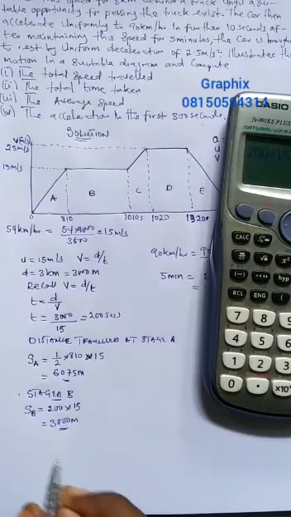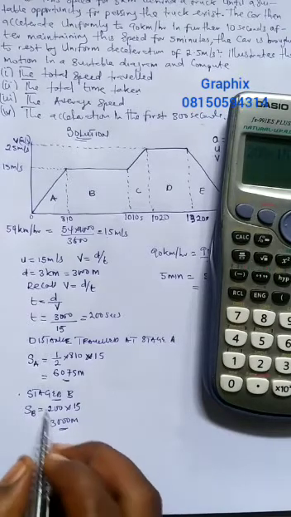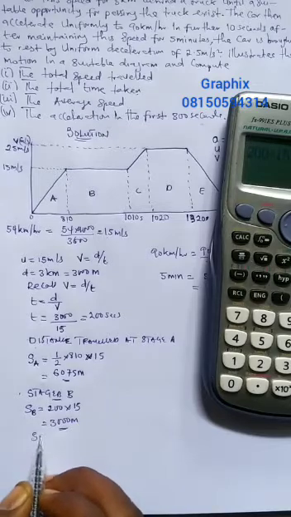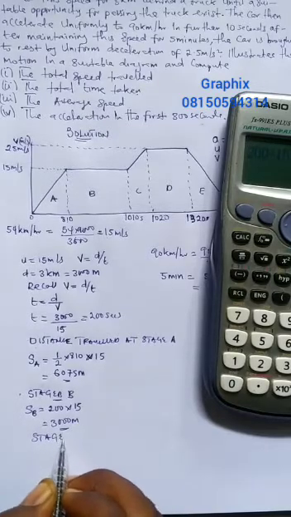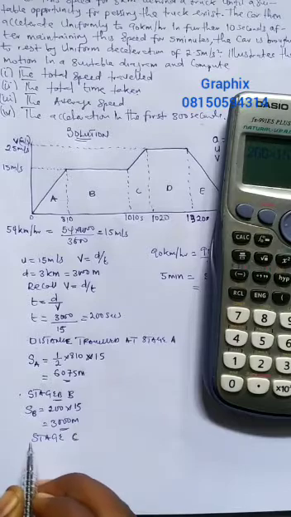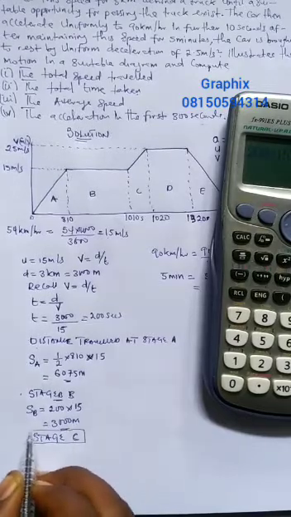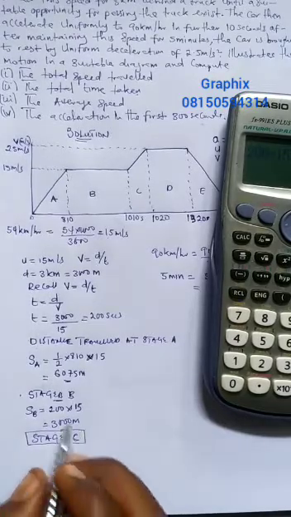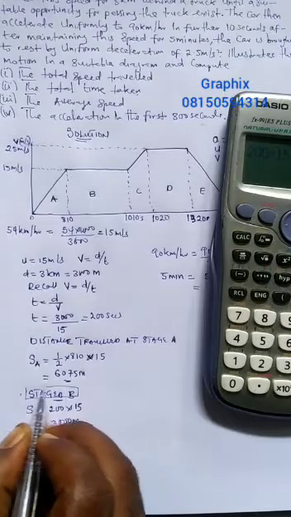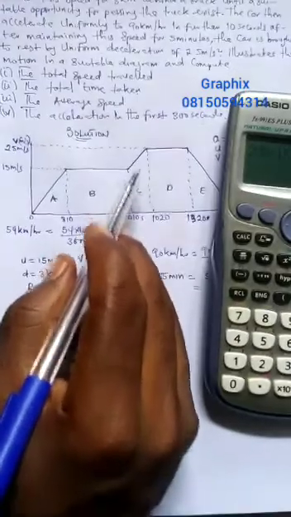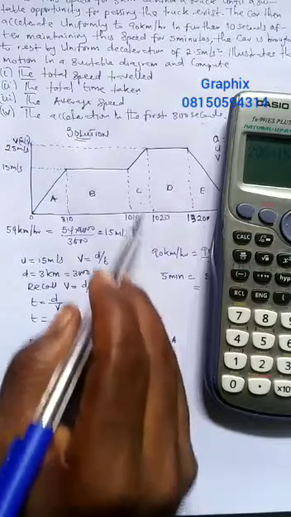Are we good? Then the next one we're talking about will be stage C. So stage C will be, this is a trapezium, right?